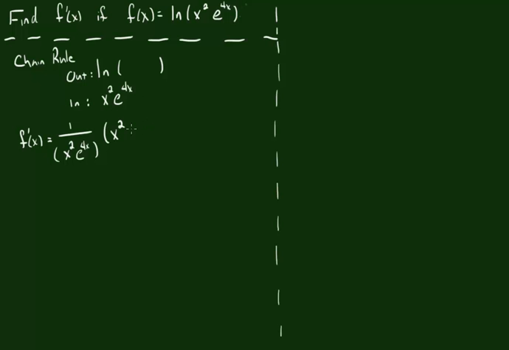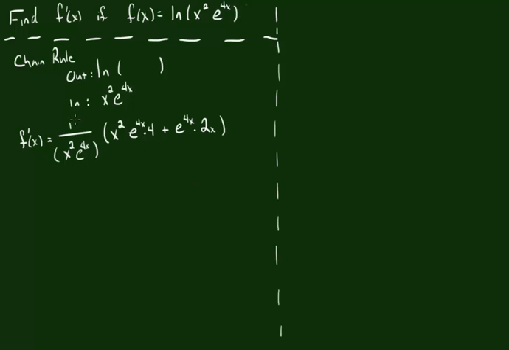The derivative of e to the 4x is e to the 4x times 4. So there's the chain rule right there. So it's first times derivative of second plus the second function, e to the 4x, times the derivative of the first. And the derivative of x squared is 2x. So there we go. This is going to be our derivative.